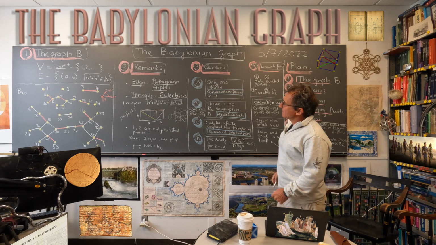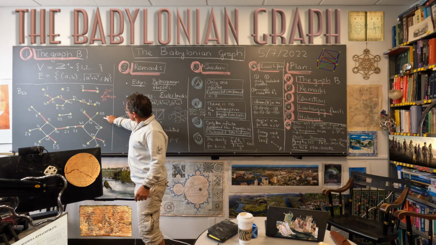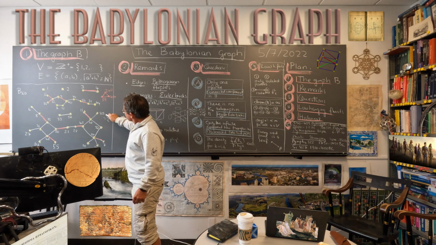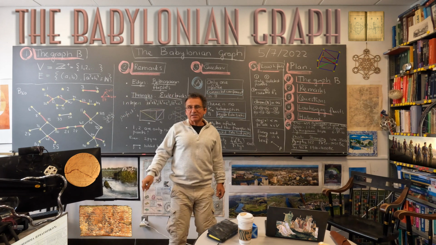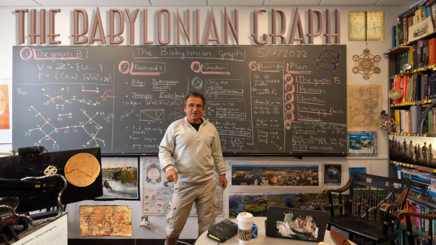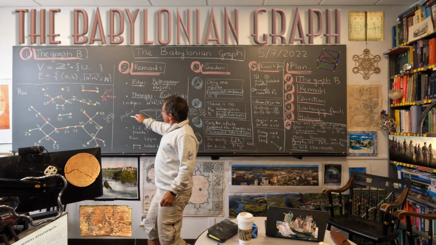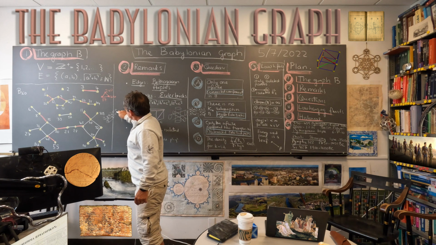By the way, the red ones are of the form 2pq and p squared minus q squared. These pairs are actually harmonic functions. So this is A, this is B.